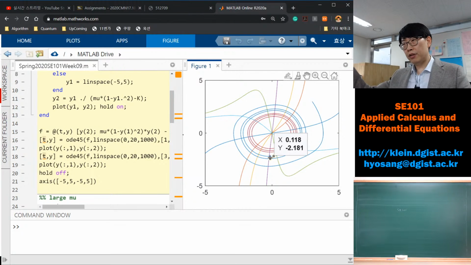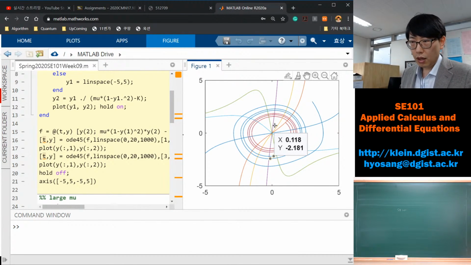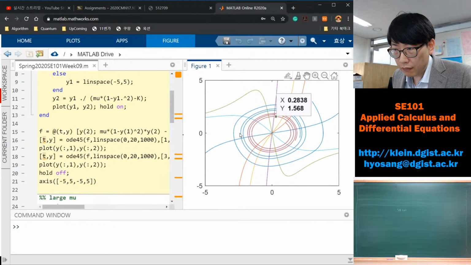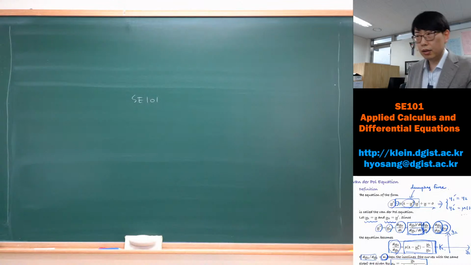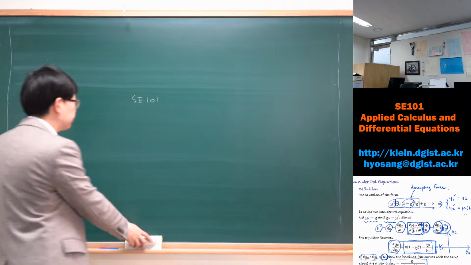And if you start from a large energy state, then it will emit energy and converge to a small energy state. So it's like converging to a stable point, but basically the middle solution here, the infinite loop, is not a stationary solution. So let me explain that in the simplest example.